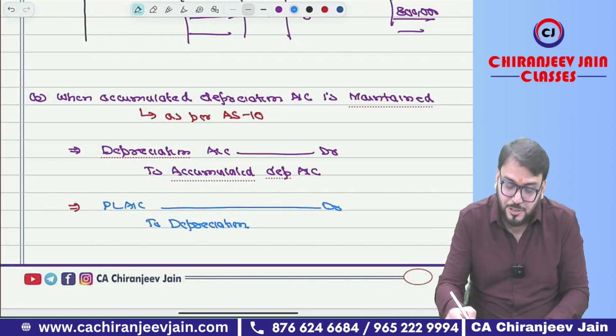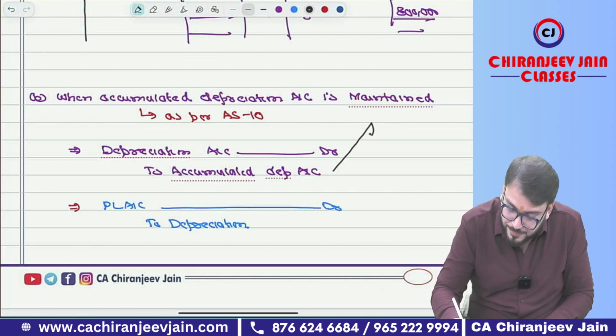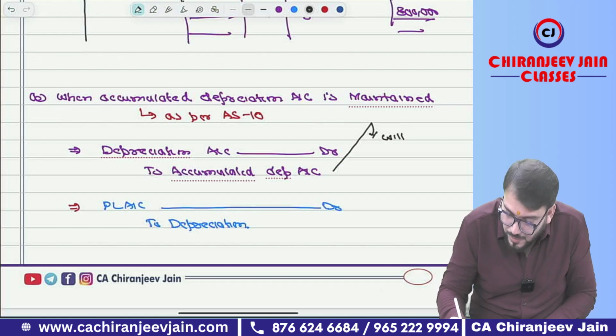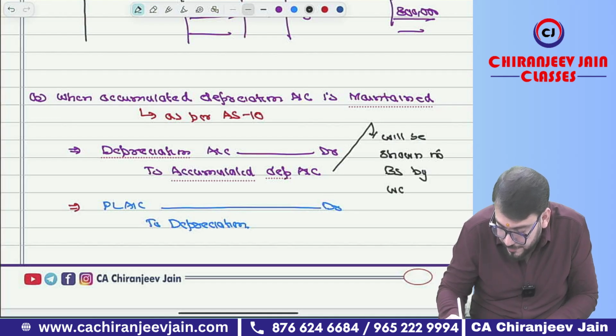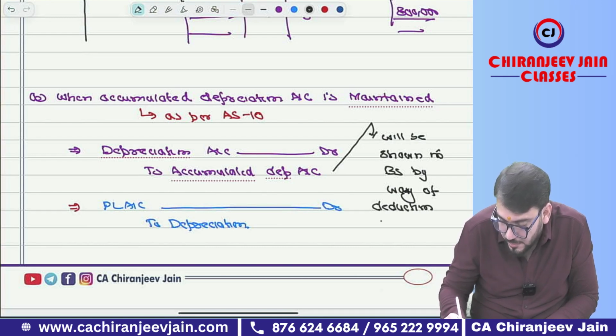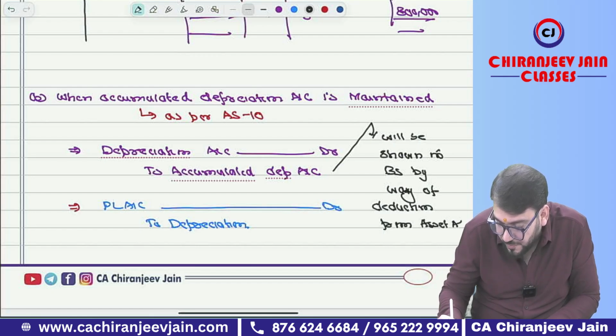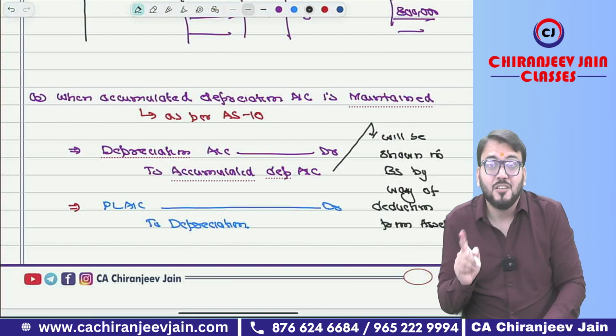So this accumulated depreciation account will be shown in balance sheet by way of deduction from asset account, correct? Got this point?